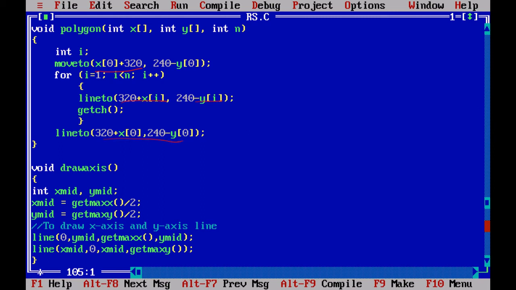So everywhere, instead of writing a separate translation, I am applying direct translation to move the point to the origin to draw the polygon in the given axis. In draw axis, we calculate the mid value of both the x value and y value, and we draw two lines for the x axis and y axis.